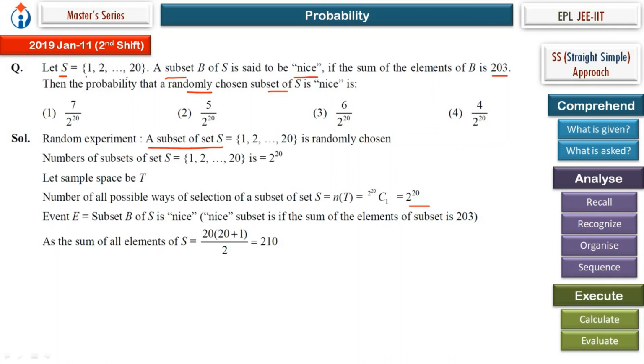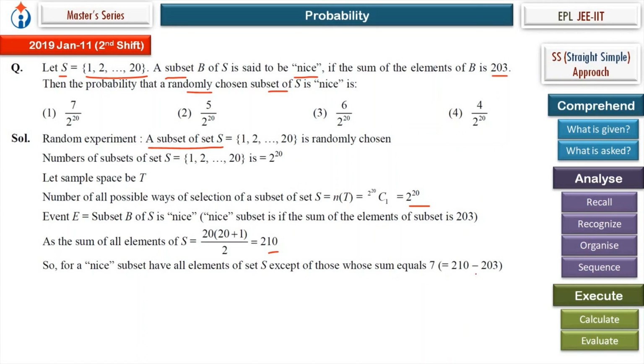Now if we just check, the sum of all the elements of this set is 210. And set B is nice if the sum is 203. So the set B contains all the numbers whose sum is 210 minus 7. So except for those elements whose sum equals 7.